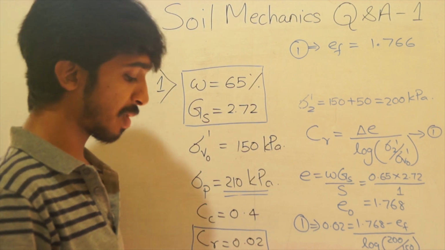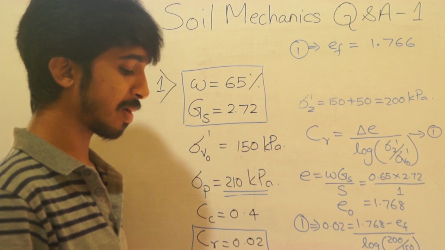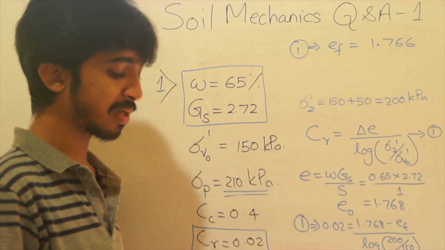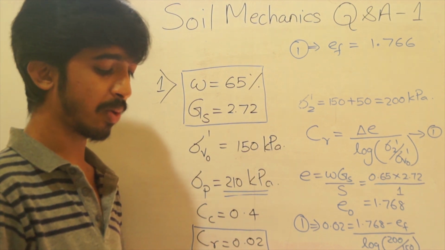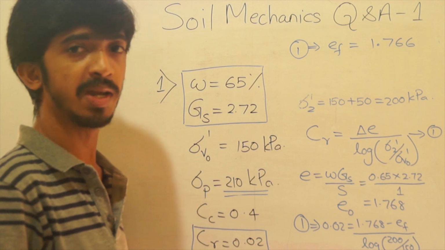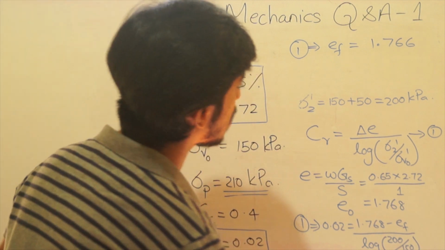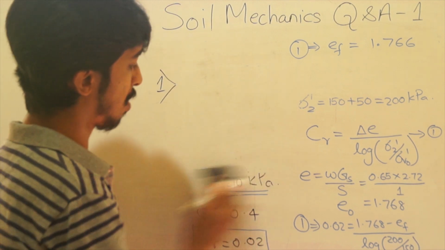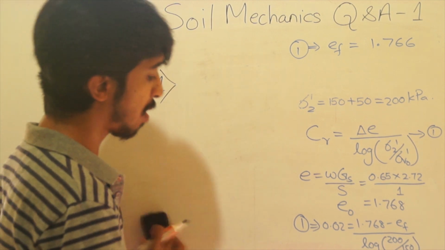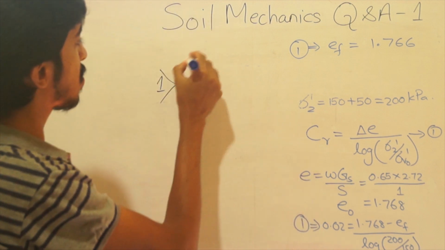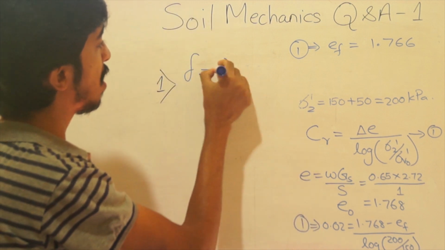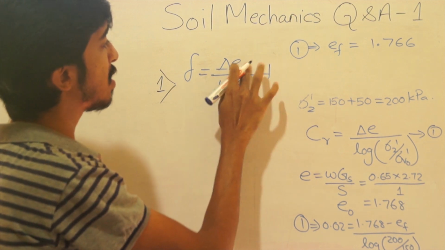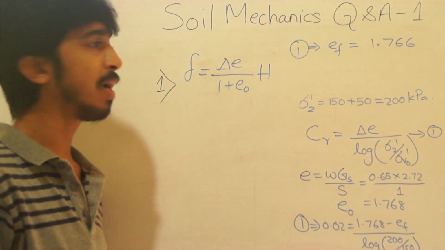So the second part in that question is, assuming that the clay layer has a uniform thickness of 8.5 meter, they want us to estimate its consolidation settlement. It's very simple. We have already proven in our previous videos that the settlement delta is equal to the change in void ratio over 1 plus e naught into H, capital H, which is the total thickness of the clay layer.